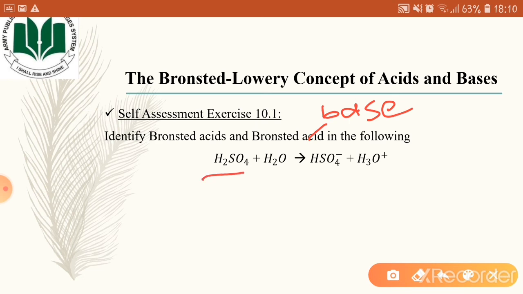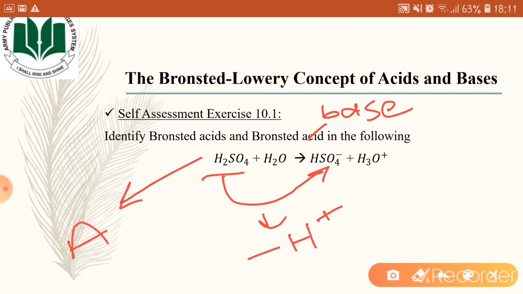It is the sulfuric acid, because after donating a proton, it has been converted into hydrogen sulfate ion. This conversion was possible only when it donated a proton, or the hydrogen ion. So sulfuric acid is working as an acid here, as a Bronsted-Lowry acid.